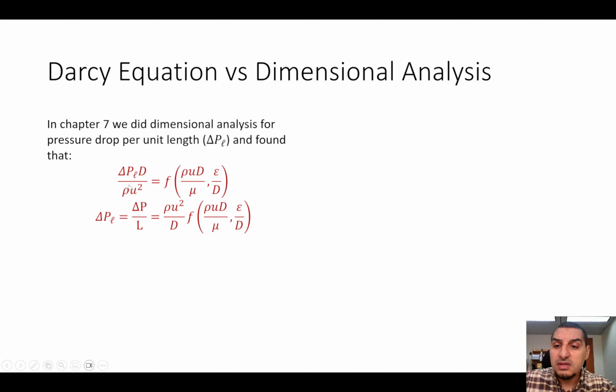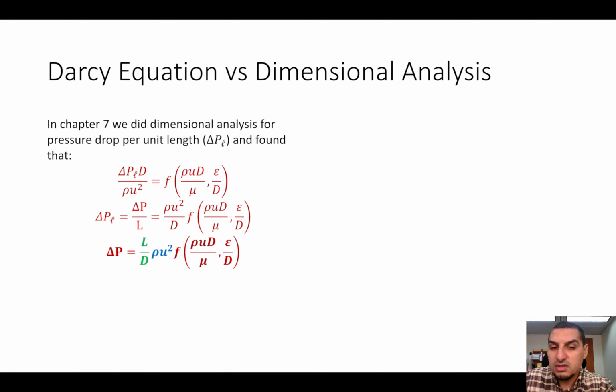We said that delta P over L is the pressure per unit length. So we can put it as delta P over L equals rho U square over D times this function. If I just want delta P, it's going to be L over D times rho U square times this function. This is what we got from the dimensional analysis before even doing anything.